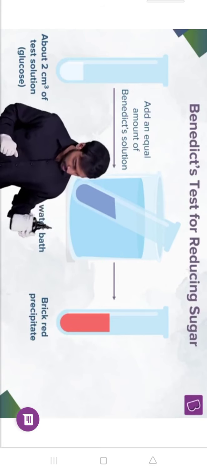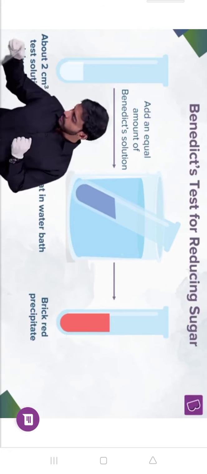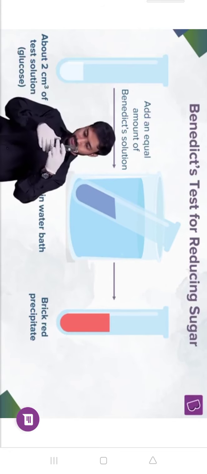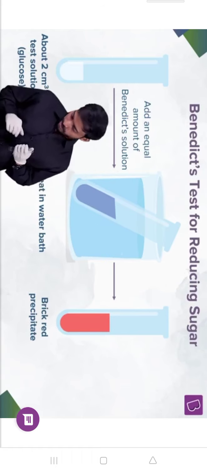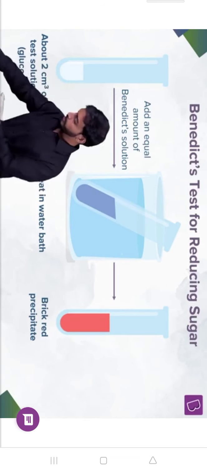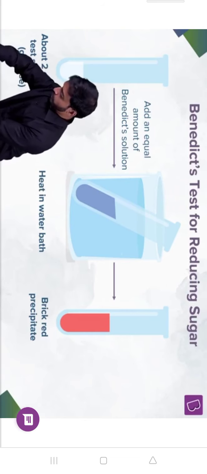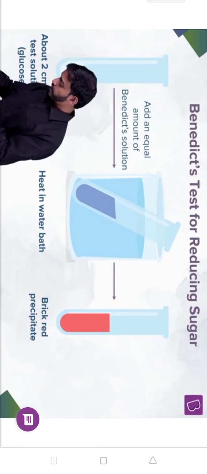Well, so let me see. Here I have the test tube. Now what I'll use is some glucose. Let me pour some glucose. I'm using simple glucose.